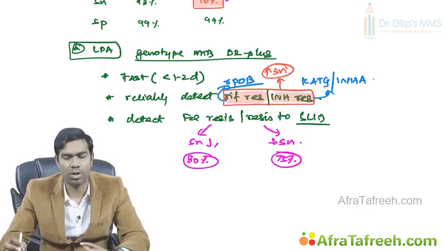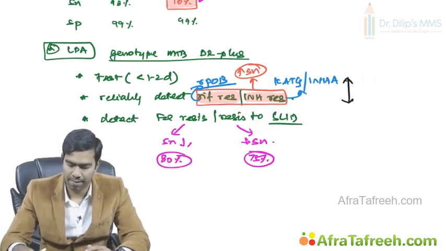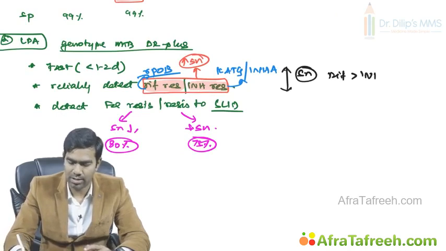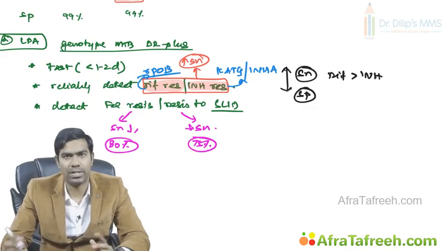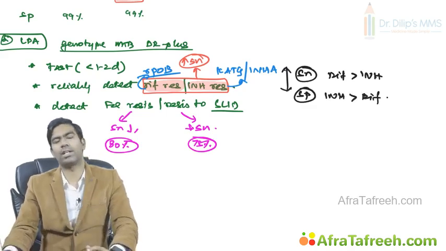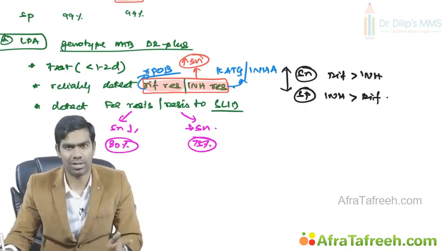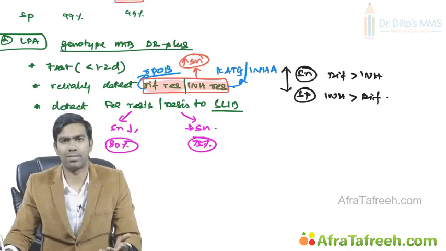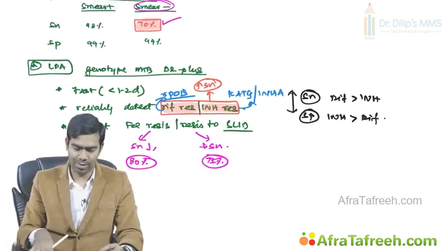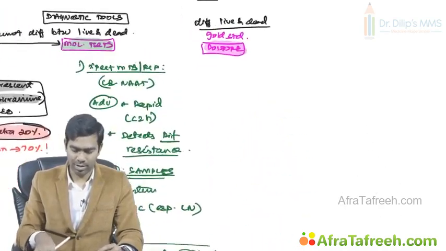But digging even deeper, your sensitivity for detecting rifampicin resistance is more than the INH resistance. Similarly, the specificity for INH resistance is more than the rifampicin resistance, which means detecting rifampicin resistance has more sensitivity, and detecting INH resistance means high specificity. So these are some of the small differences that you have to know. But apart from that, this is a very important test, line probe assay.